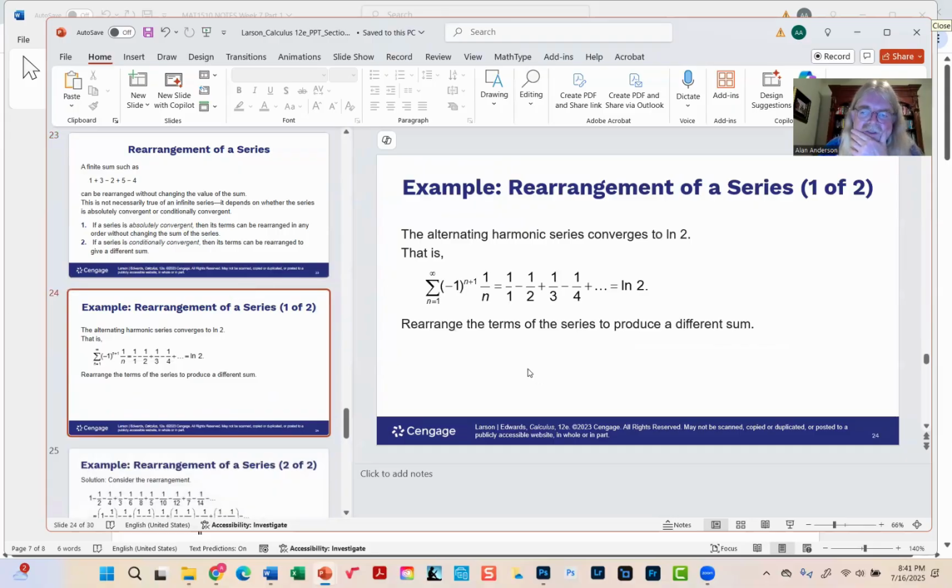So here's an example. Now, of course, they've explained this very, very poorly, in my opinion, because what will happen is, it's not that you just write them in a different order, it's the signs that will be affected. So, in other words, if instead of having this, clearly they're going to have different sums.